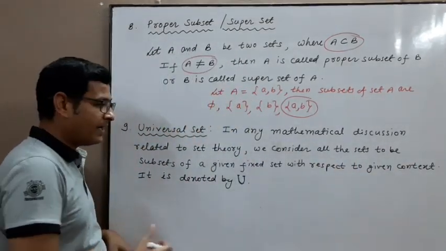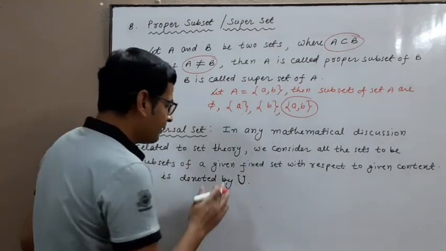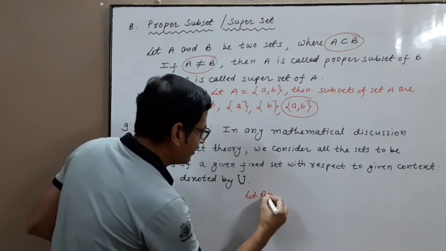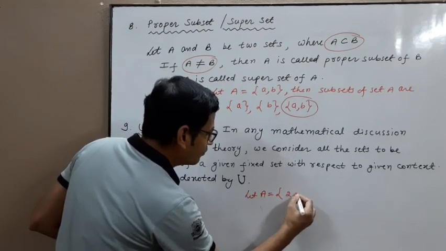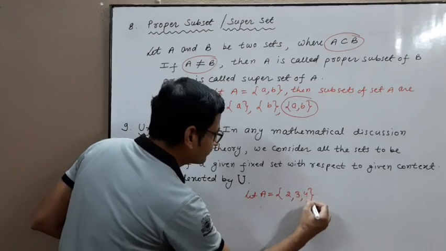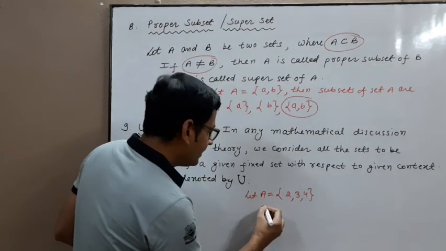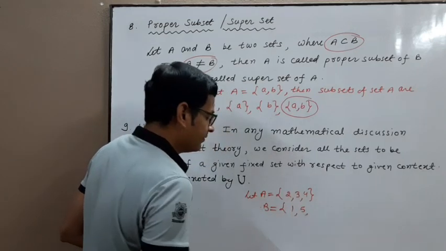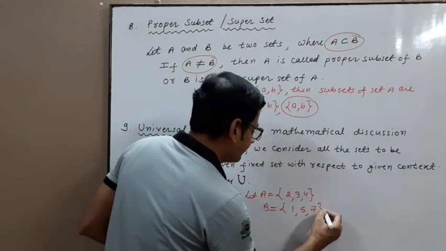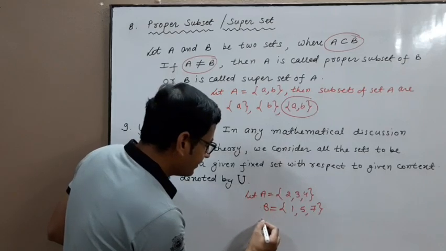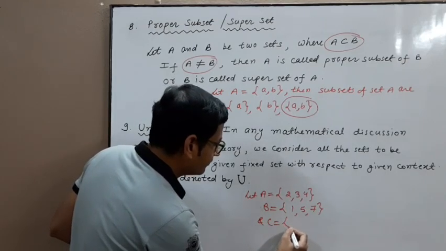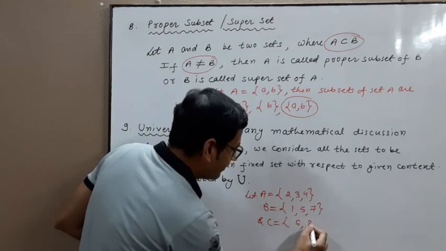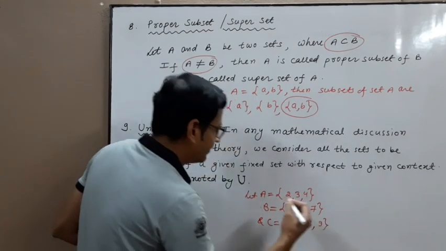It is denoted by capital U. For example, let A = {2, 3, 4}, B = {1, 5, 7} and C = {6, 8, 9}.